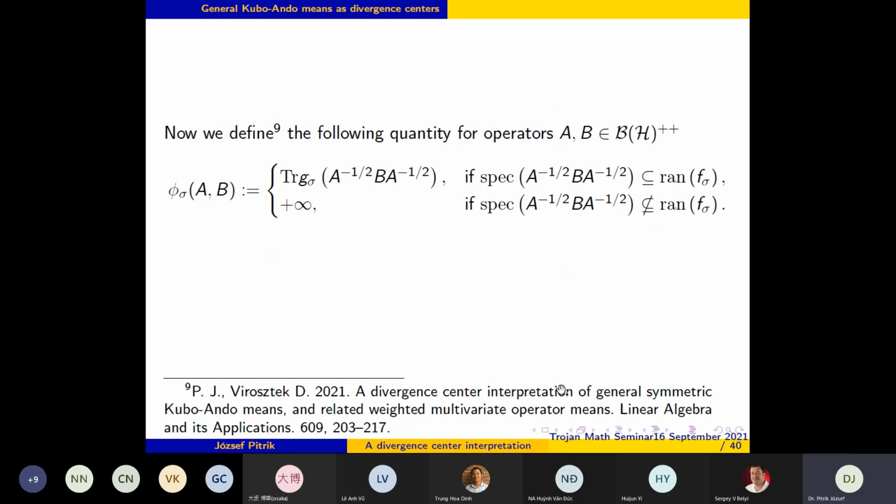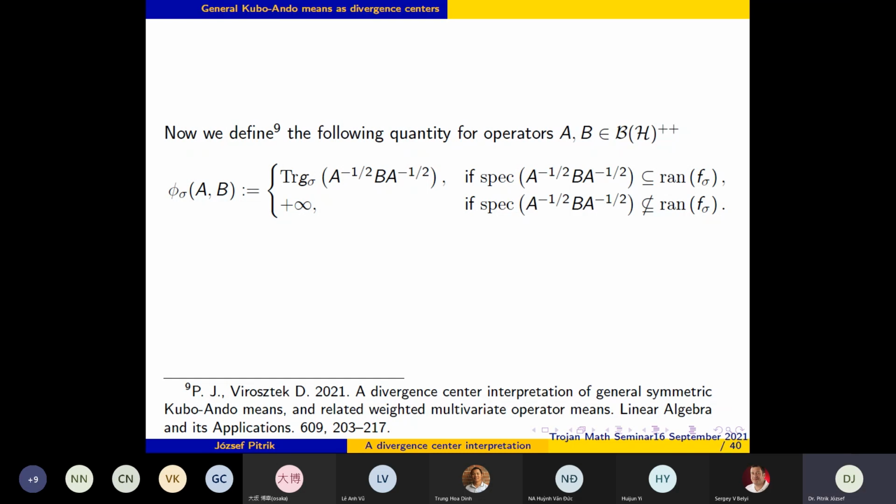Now we are ready to define the following quantity with the help of g sigma. Phi sigma of A, B is equal to the trace of g sigma of A^{-1/2} B A^{-1/2} when the spectrum of this quantity is in the range of f sigma, and is equal to infinity in the other cases.